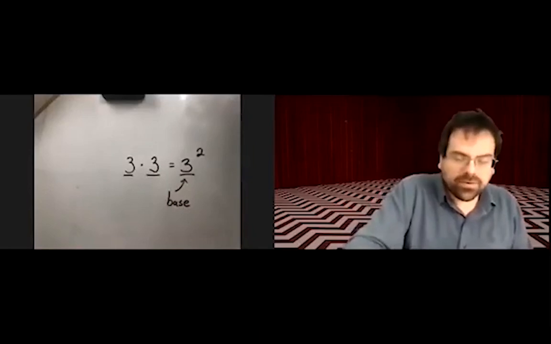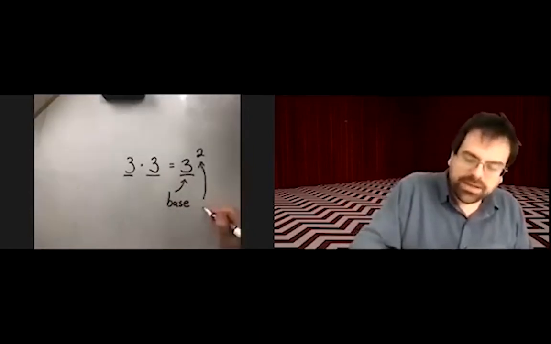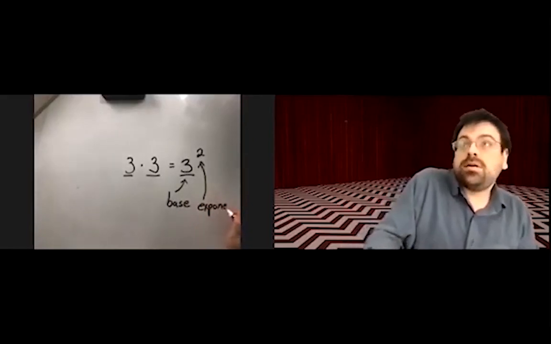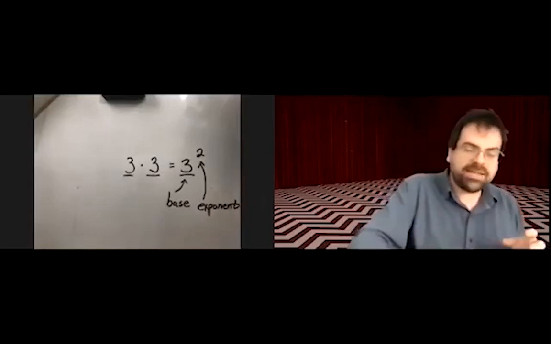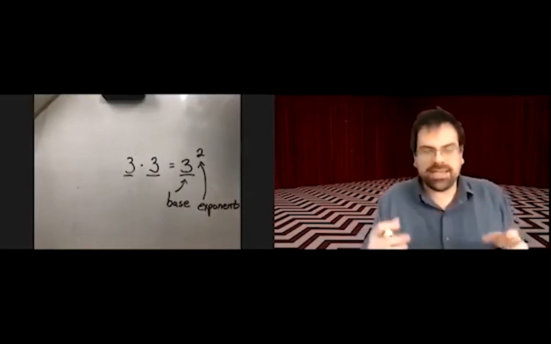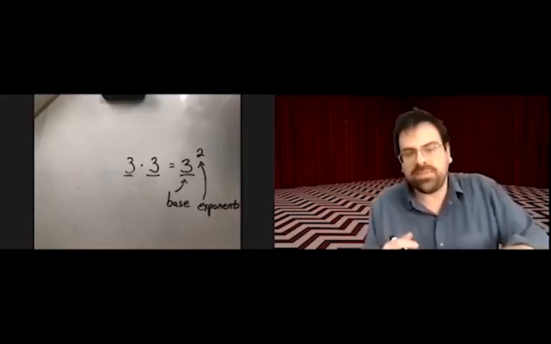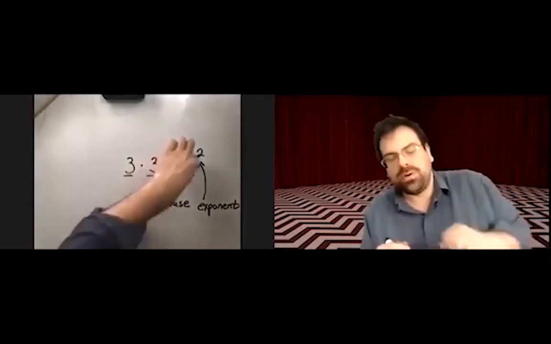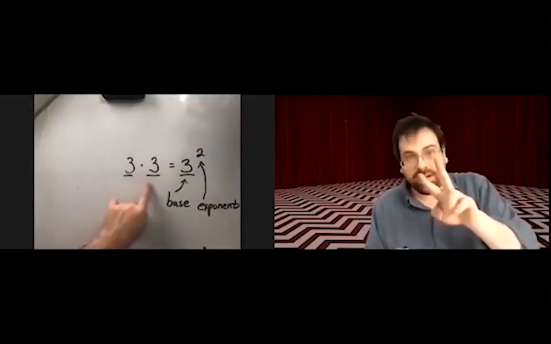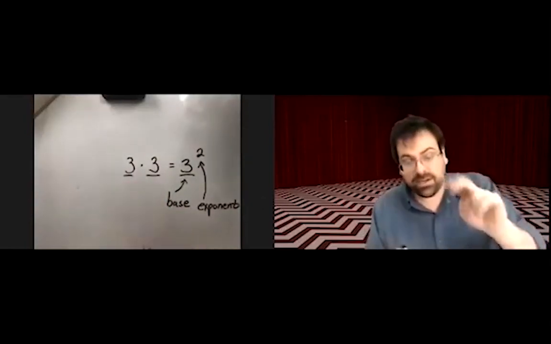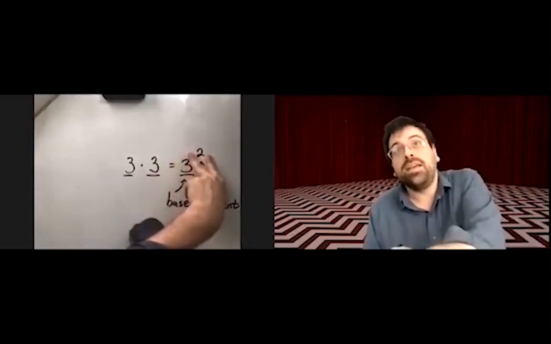And that little floaty number is called the exponent. So the base is multiplied together a total number of times equal to the exponent. Since we have 3 times 3, 2 factors of 3, the exponent is 2.